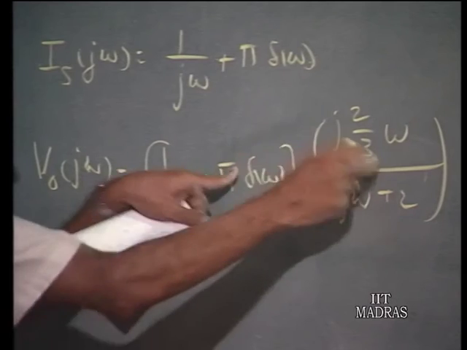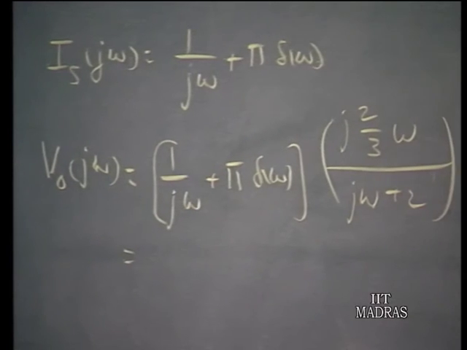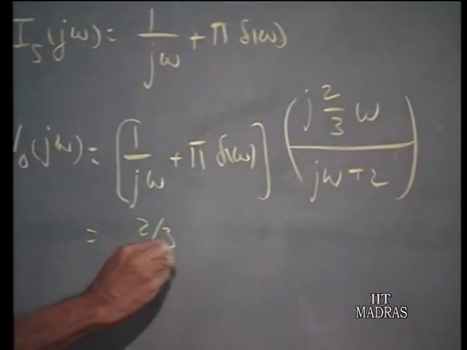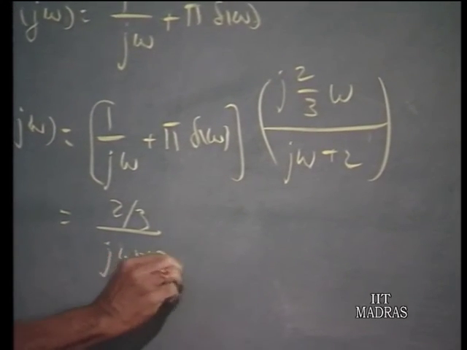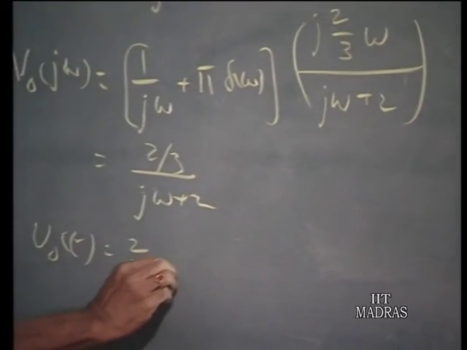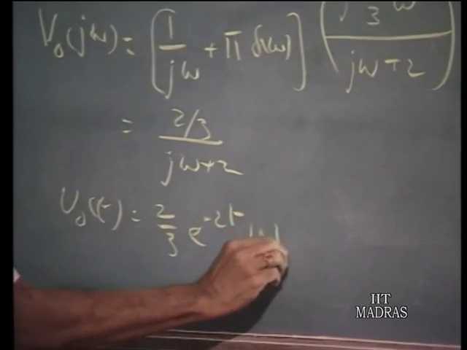Therefore, this does not contribute to any term in the final result. This will turn out to be 2 by 3 over j omega plus 2, or V naught of t equals 2/3 e to the power of minus 2t u of t.